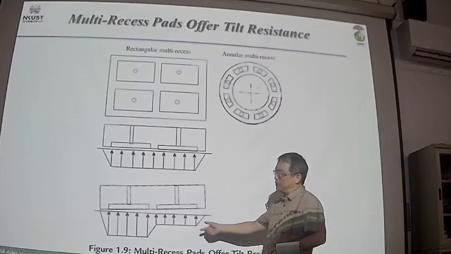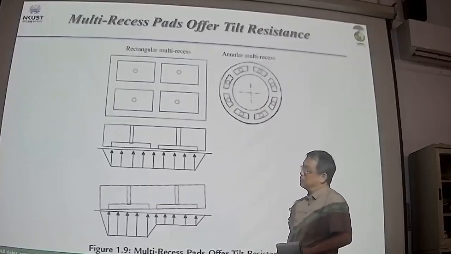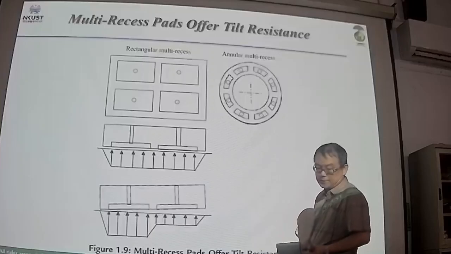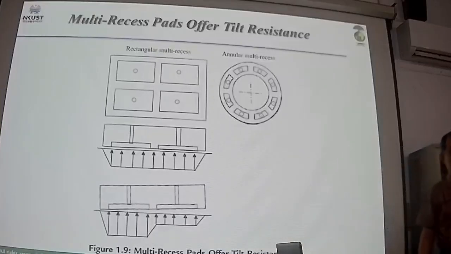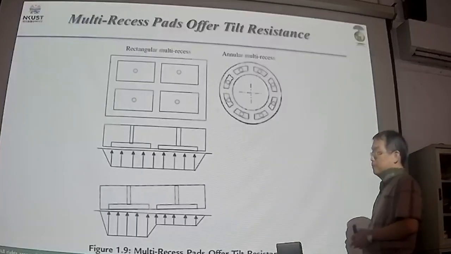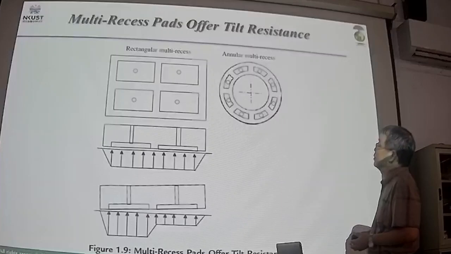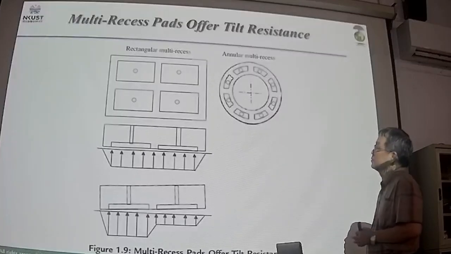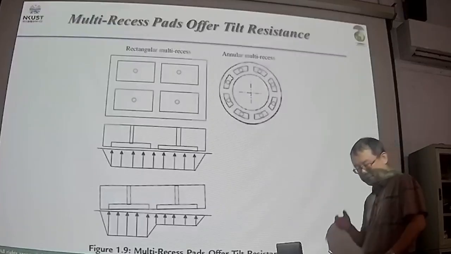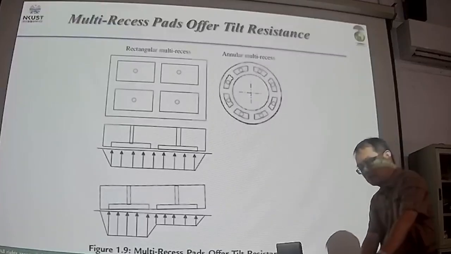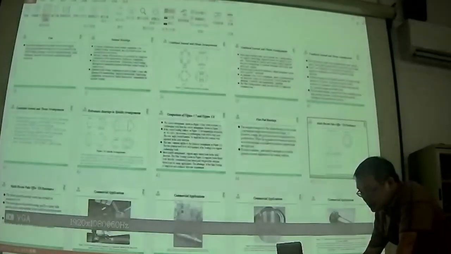Okay? If you have a multi-recess bearing design, you will have a better load capacity performance in the hydrostatic bearing. So that's why in our products you can always see this kind of design.